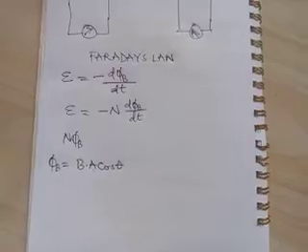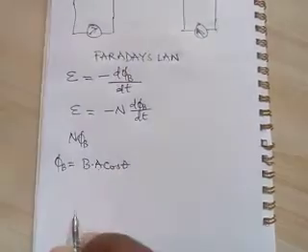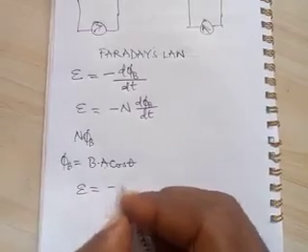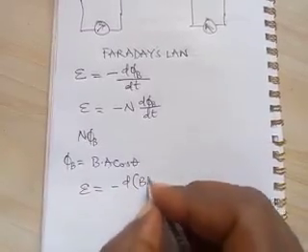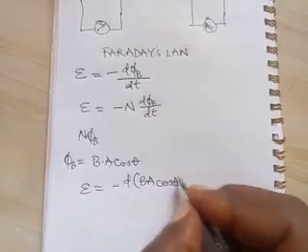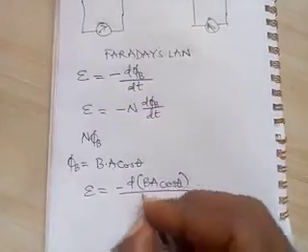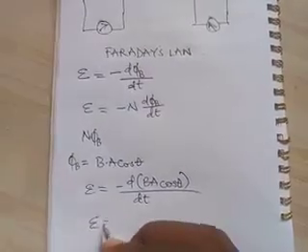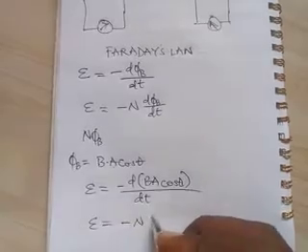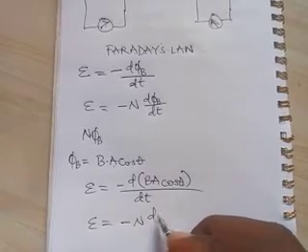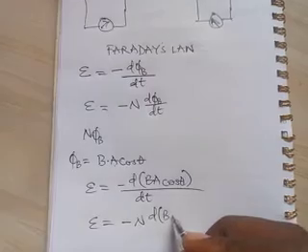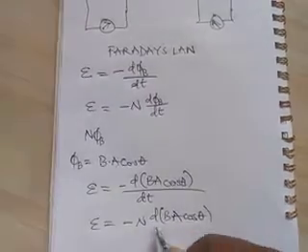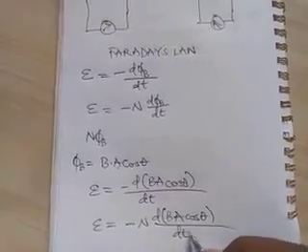Because of that, the above equation can be rewritten as E equal to negative d of BA cos theta over dt, or with n, E is equal to negative n d of BA cos theta over dt.